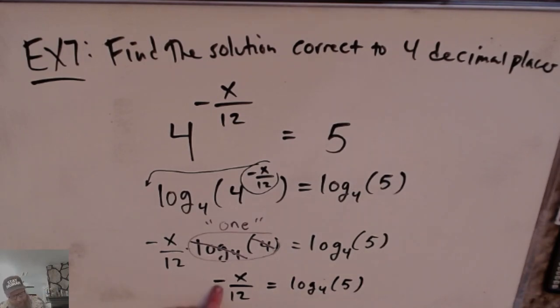Okay, now I have a negative 12. I'm going to do something that I rarely ever do. I rarely ever put my negative in the denominator. But this is one of those times where putting the negative in the denominator will make your life a little easier. Now you can solve this equation in 1 step instead of 2 steps. Multiply both sides by negative 12, and these will cancel.